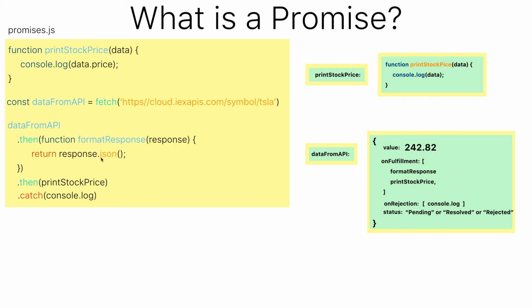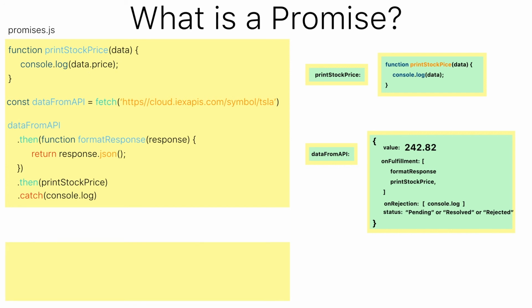And here I'm just calling the JSON method to transform the data that we get back from the API into something that we can work with. And then in the next .then method, I'm calling the print stock price. So here within the function definition, I'm just working with it as I am used to working with JavaScript objects. And I'm printing the price.